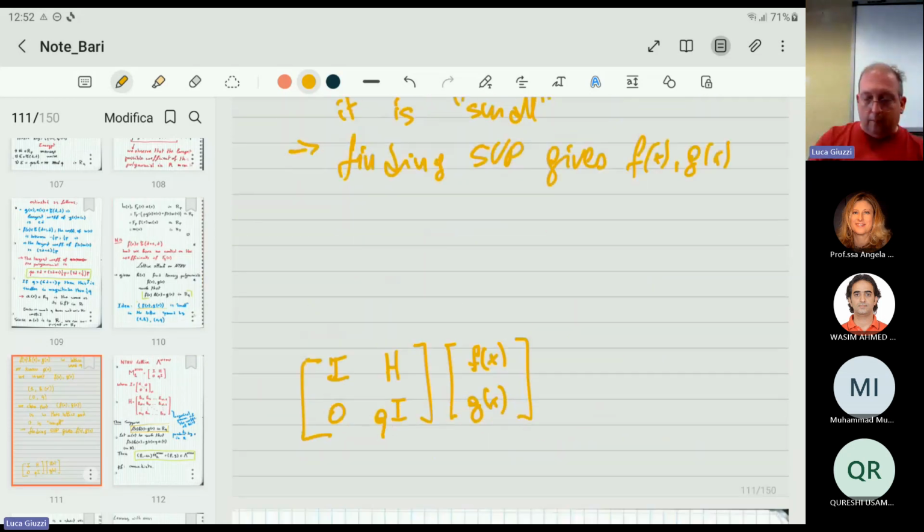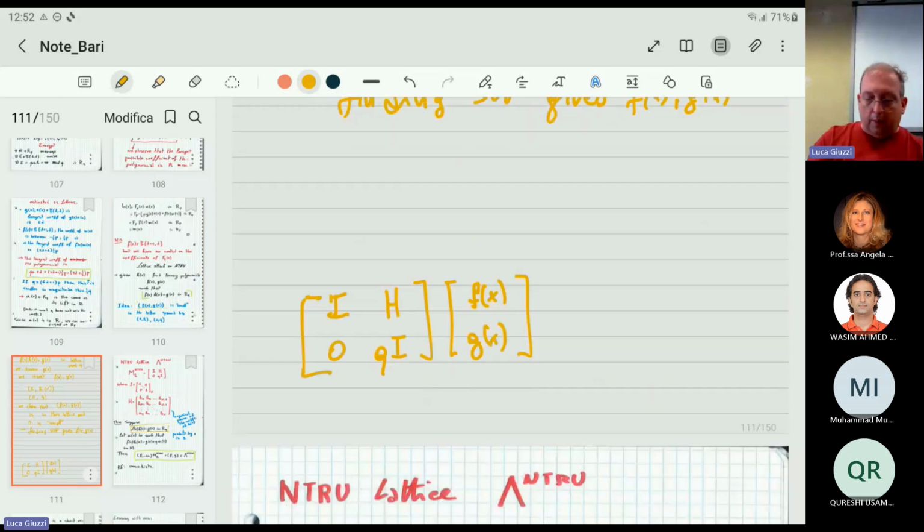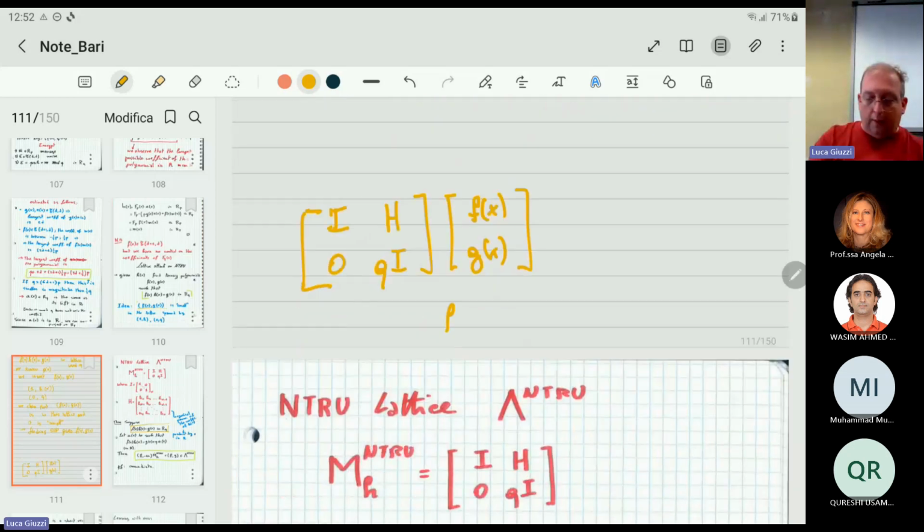First row, first column, here we have f(x) plus h(x) g(x) plus q g(x) equals 0.